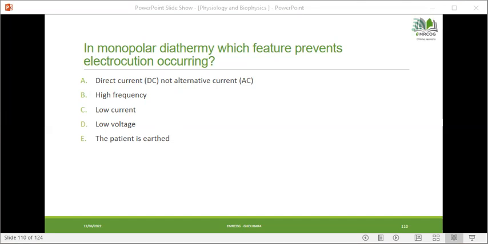Why don't we get electric shock when we use monopolar diathermy? This question reflects how much you know about electricity and about the circuit of the diathermy.